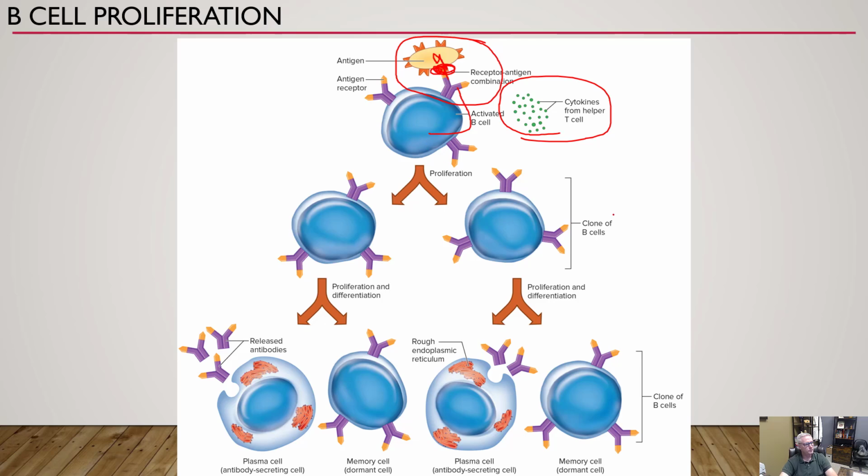So basically what we're going to do is produce a bunch more of these B cells. Then we're going to form these memory B cells, and we're also going to create a lot of these plasma or effector B cells. So these are going to provide immunity for now, and these memory B cells are going to provide immunity later on.